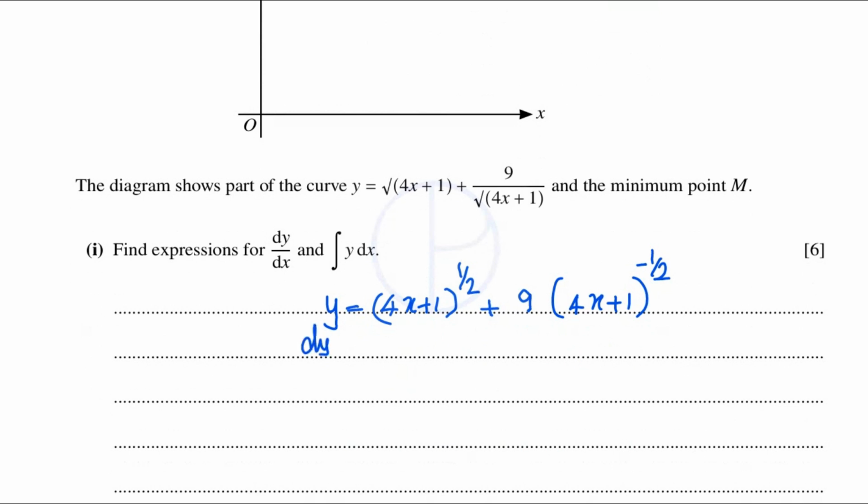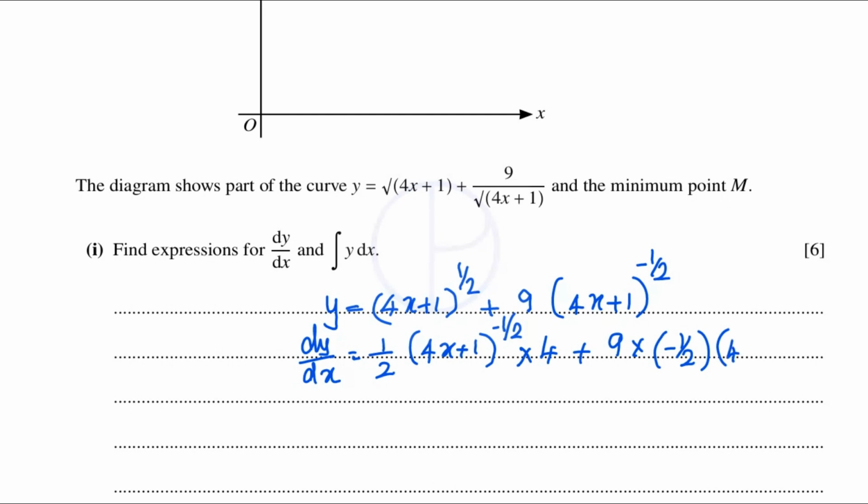Dy by dx is the power, which is 1 over 2, multiplied by the base 4x plus 1, and now decrease the power by 1, so negative 1 over 2, multiplied by the coefficient of x, which is 4, plus 9 multiplied by the power negative 1 over 2 multiplied by the base 4x plus 1, and the power decreased by 1 gives negative 3 over 2, multiplied by the coefficient of x, 4.